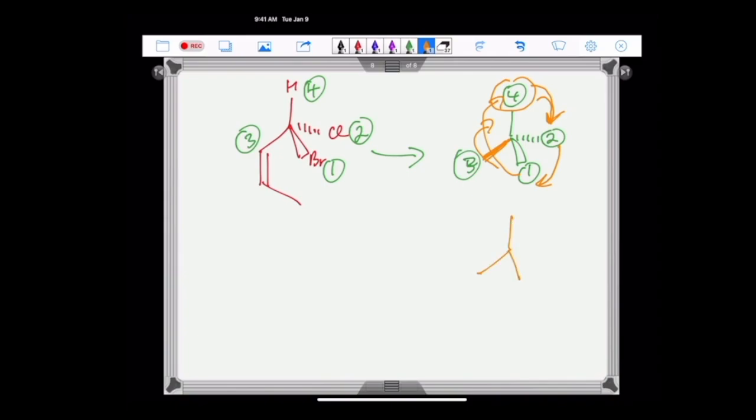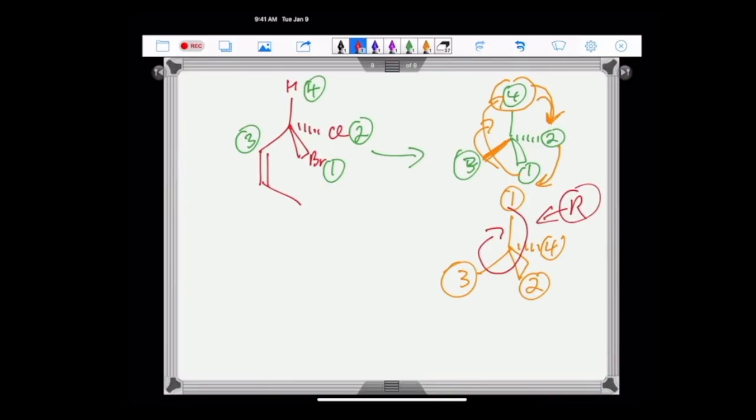So we redraw our tetrahedron. I didn't touch where number 3 is. 4 is now back over here, 2 is going to pop up here, and then number 1 back over there. Now, 1, 2, 3. This is an R. That's where we started off.